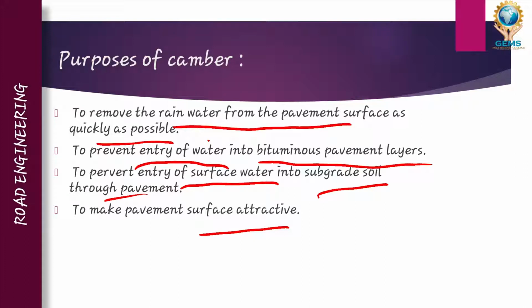These are the purposes of camber. If the water is drained off, the purpose of camber is done. So camber is provided in the transverse direction, so when the water falls, it will flow off along the slopes.